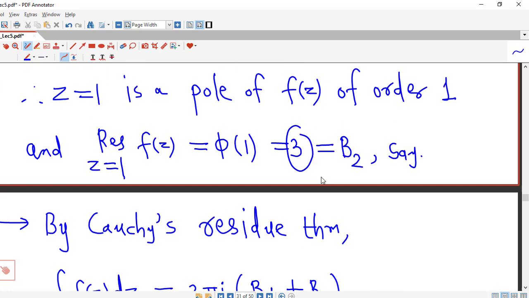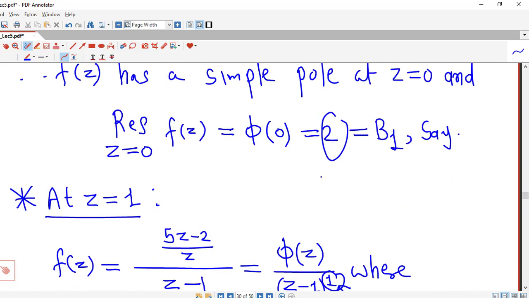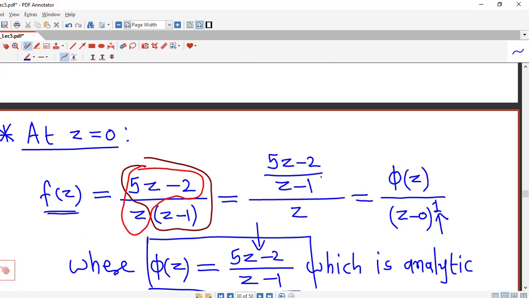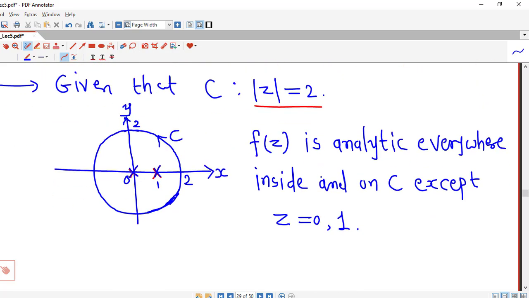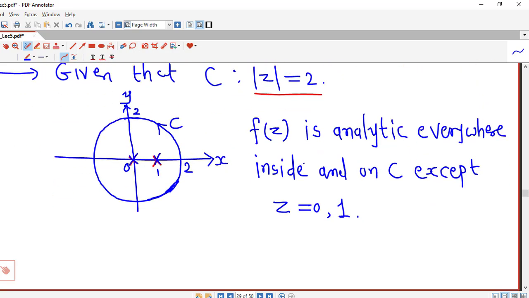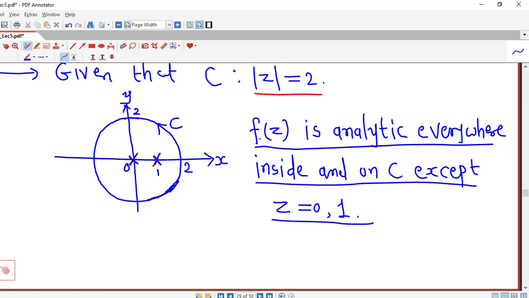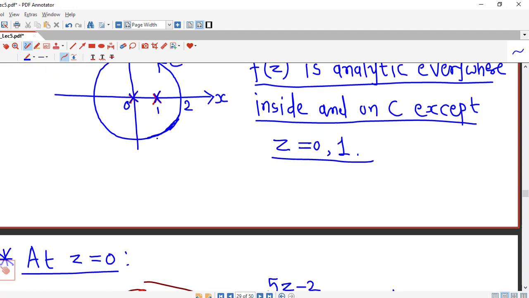So in this way it is easy to evaluate complex integrals using Cauchy's residue theorem, but for that our function must satisfy hypothesis of Cauchy's residue theorem. In Cauchy's residue theorem we require that given function is analytic everywhere inside and on a simple closed contour C except finite number of points.